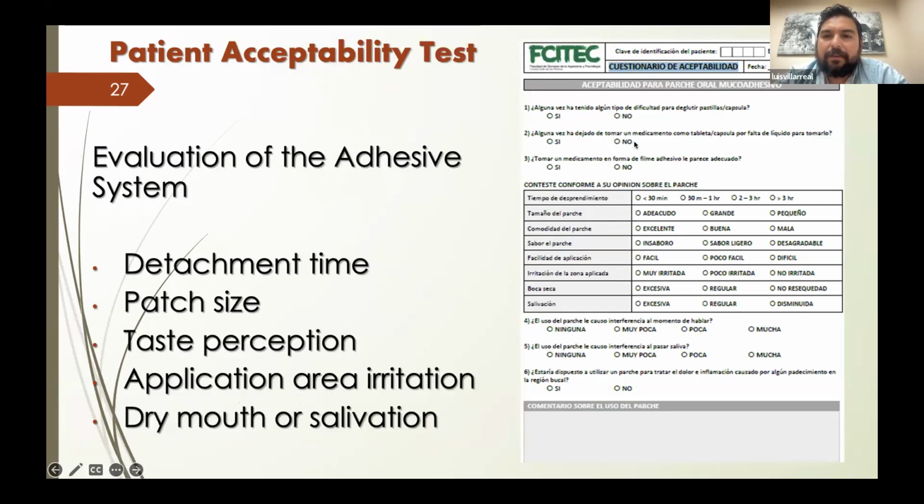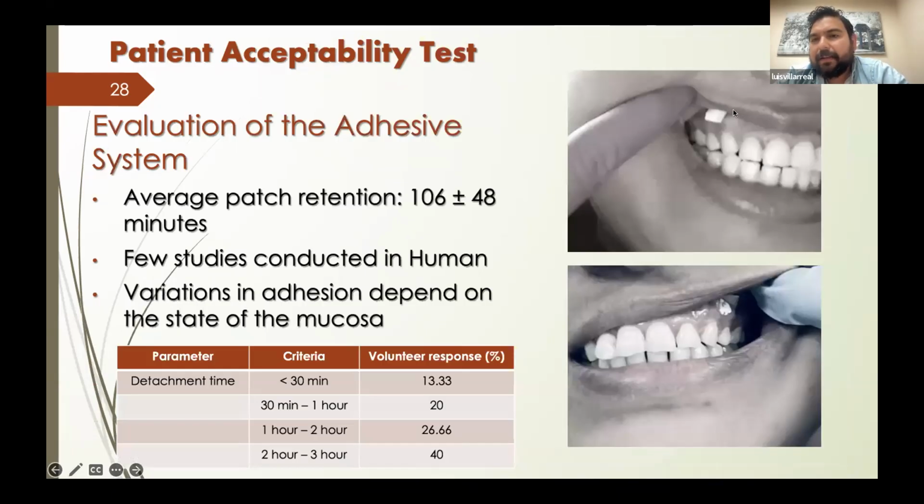This is a kind of query that was applied to the volunteers after they had the membrane located in this part of the oral cavity, the mucosa.